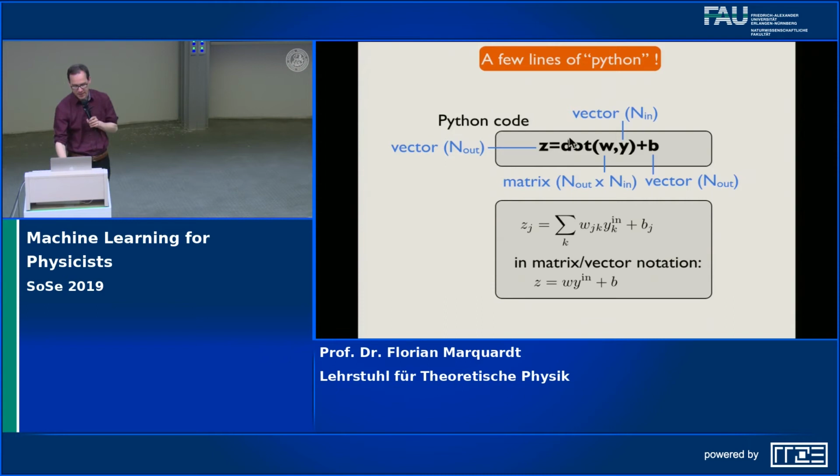And the reason I display this here is not only to show the syntax, but in particular to teach you how the different dimensions of the vectors and matrices will get combined. So, if y is a vector that has a length n_in, because n_in is the number of input neurons, then w would be a matrix of dimensions n_out times n_in, because it has to be multiplied onto this vector.